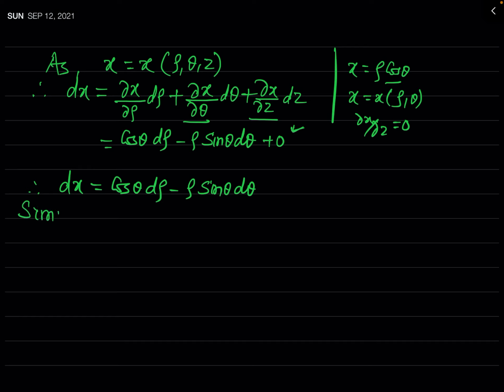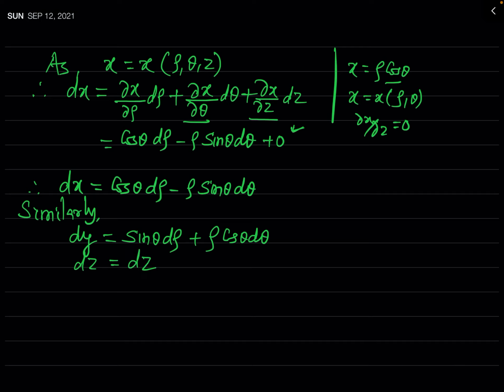Similarly, dy is equal to sine theta d rho plus rho cos theta d theta, and dz will be simply equal to dz because z is equal to z.